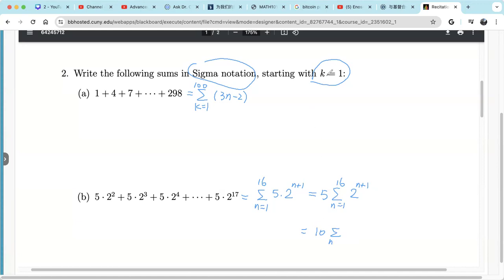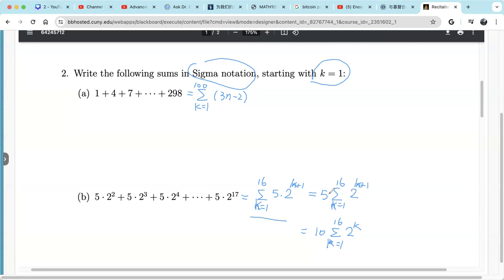Oh, you know, this we use k. Let's change this to be k. Any variable will do. So k starts from 1, finishes at 16, then just 2 raised to k's power. Either form is okay. So this one, you write inside the summation sign 5 times 2 raised to k plus 1.